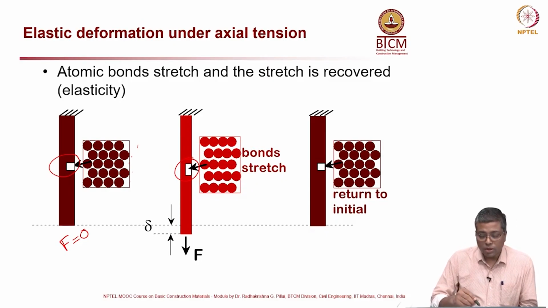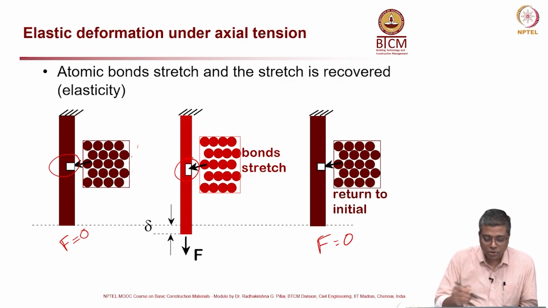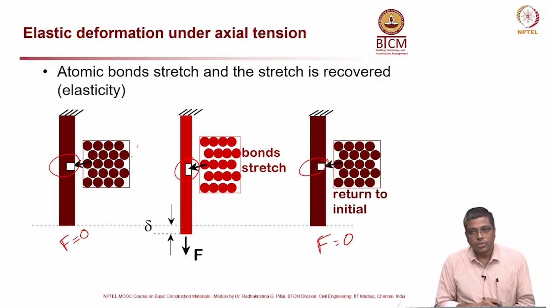Now, when you release the load, again F is equal to 0 here, when you release the load, again that distance between the individual layers, the 5 layers of atoms, has come back to the original shape. So, again it has become square. So, from square to rectangle to back to square. Okay.